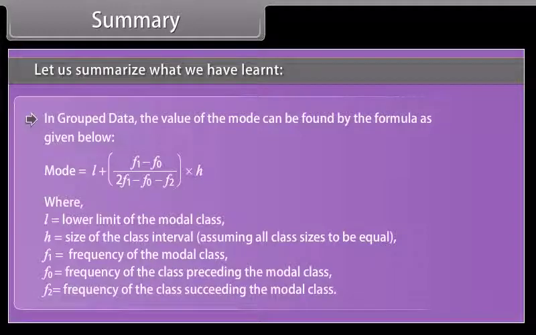L plus f1 minus f0, that is divided by 2f1 minus f0 minus f2 multiplied by h, where L is equal to lower limit of the modal class, h equals size of the class interval, assuming all class sizes to be equal. f1 equals frequency of the modal class, f0 equals frequency of the class preceding the modal class, f2 equals frequency of the class succeeding the modal class.